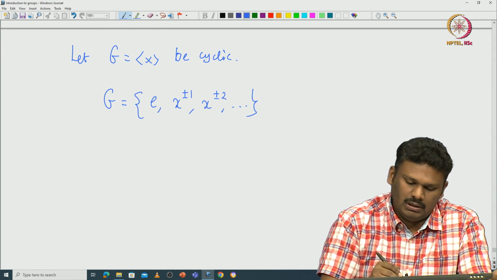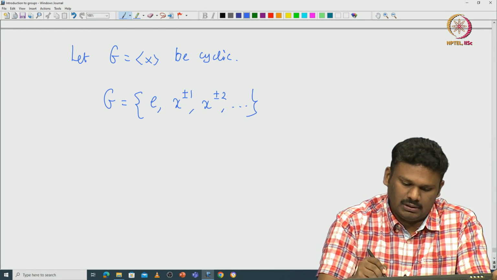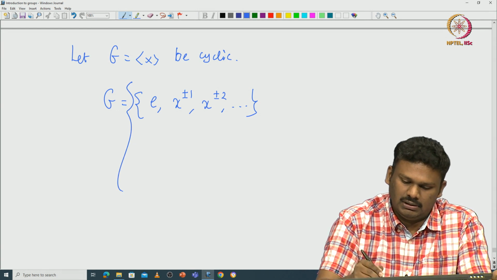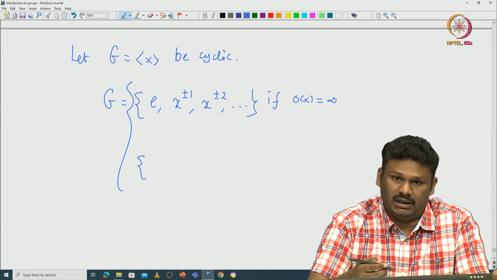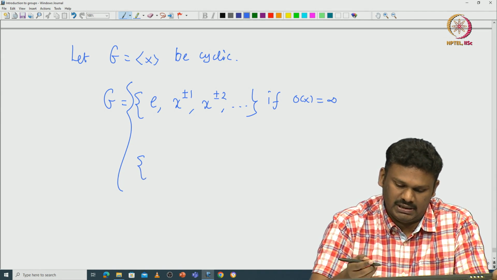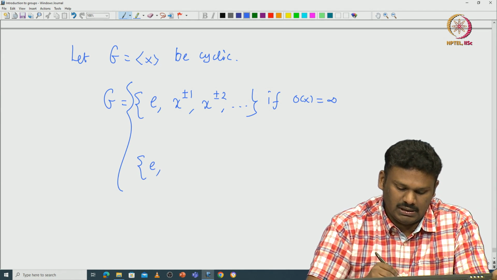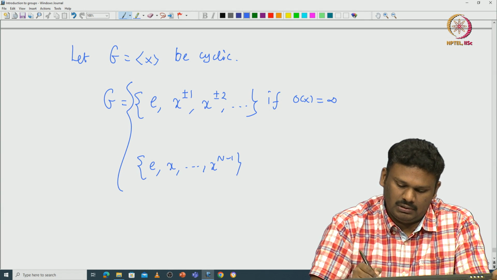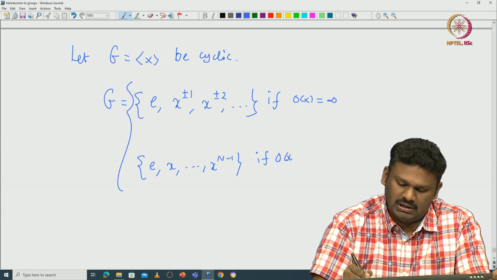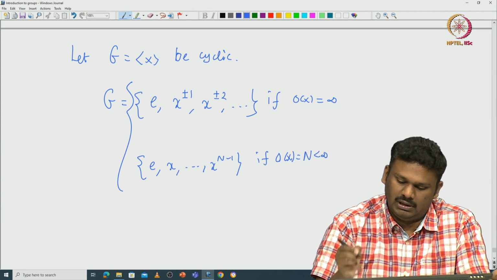Let me write it in both cases. This is if the order of X is infinite. When I write it like this, I am saying that these are all distinct elements. Then G is exactly X power 0 up to X power n minus 1 if the order of X is finite and you denote it by capital N.